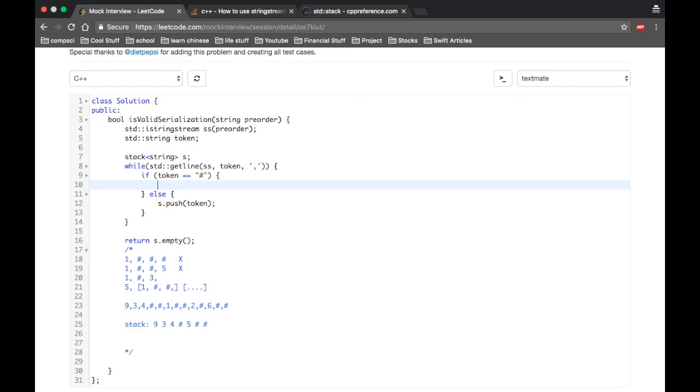I can't see an easier way at this moment, so let's say I'll pass in a character. So when I push, I'll be making a pair, a string and char, and it's going to have a token.